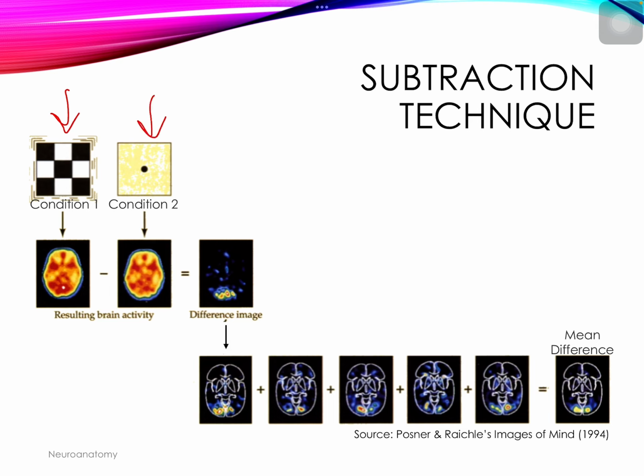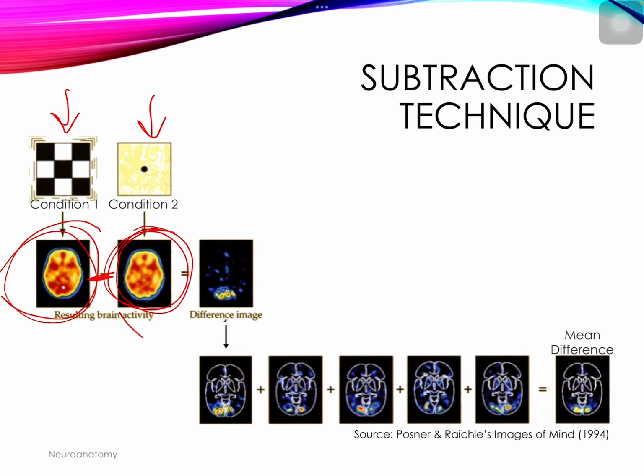And then if you have a control condition where there's, let's say, a fixation point and they're not doing anything, then this right here should be basically them sitting still, not doing anything. And then this activity should be the person engaging in whatever experimental method you have.